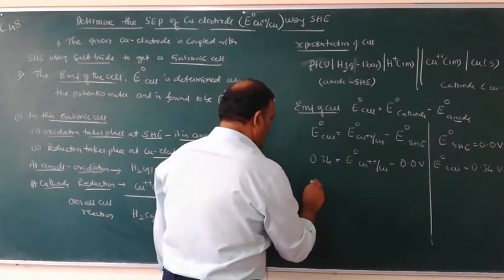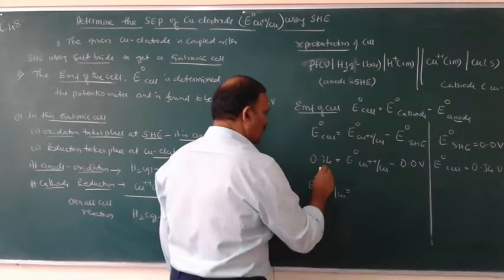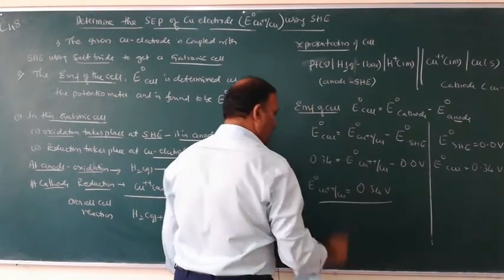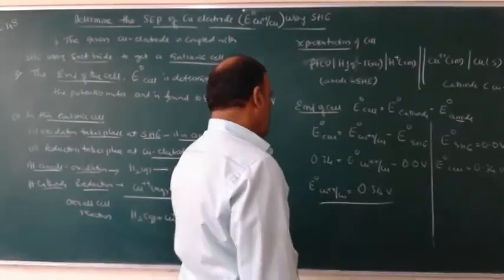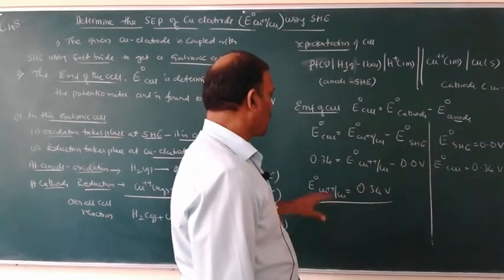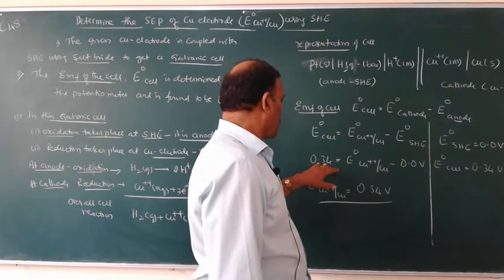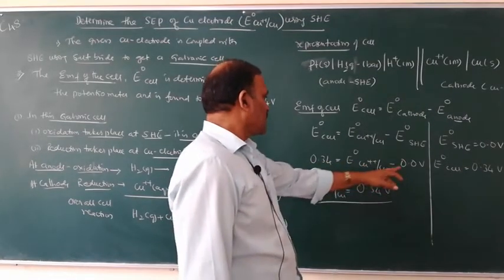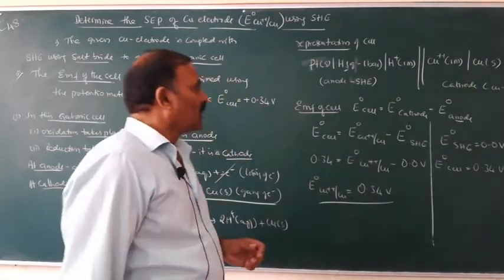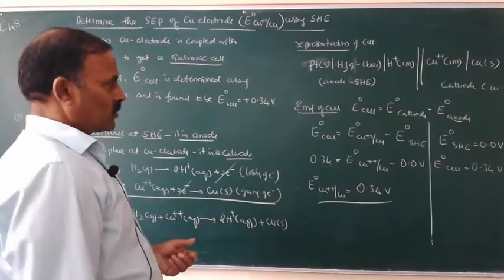Therefore, E naught of Cu2+ | Cu is equal to 0.34 volt. So this is how we can determine the electrode potential of copper electrode. So copper electrode potential is equal to 0.34 minus 0, that is equal to 0.34 volt. So this is how we can determine the electrode potential of any electrode.